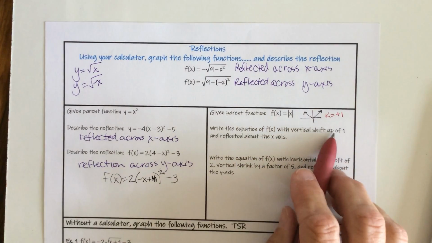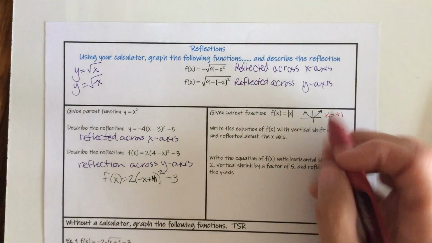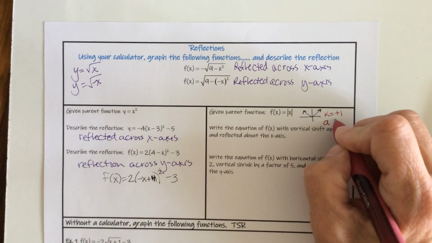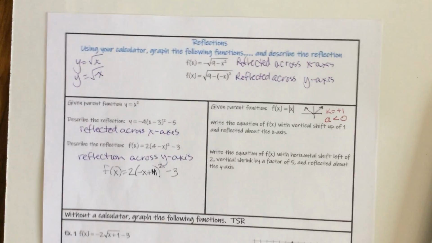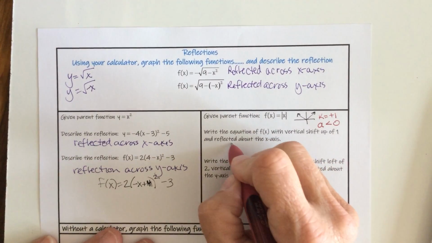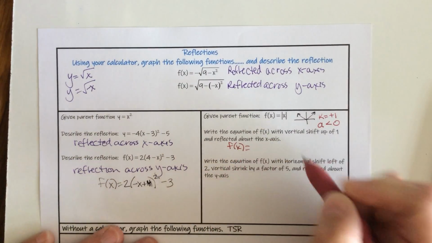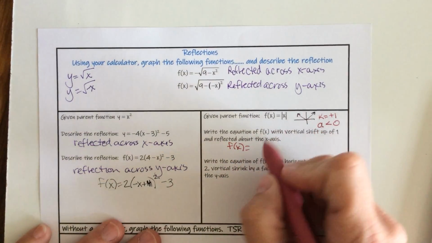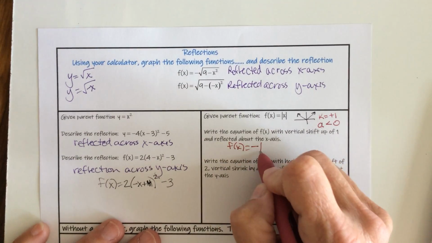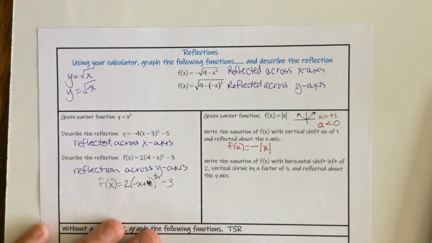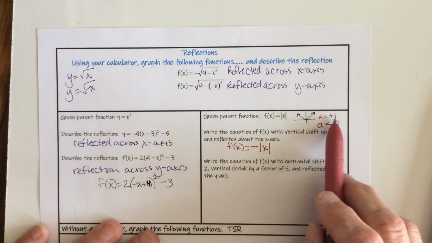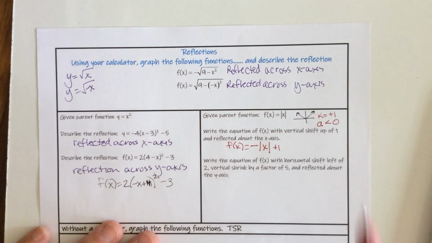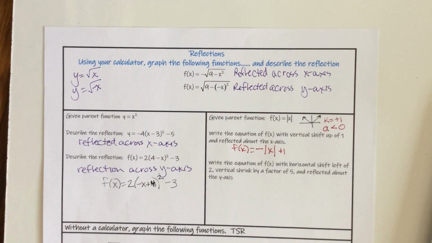And if the graph needs to be reflected about the x-axis, that means a has to be less than 0 or negative. So writing the equation, f of x equals, a has to be negative, so I'll put my negative out front of the absolute value. So I have the opposite of the absolute value of x, plus 1. And that would take care of that.